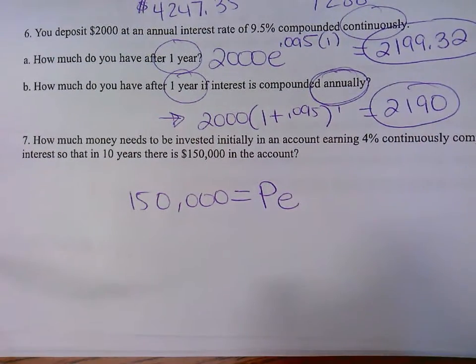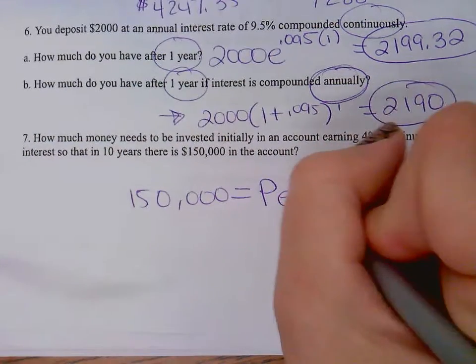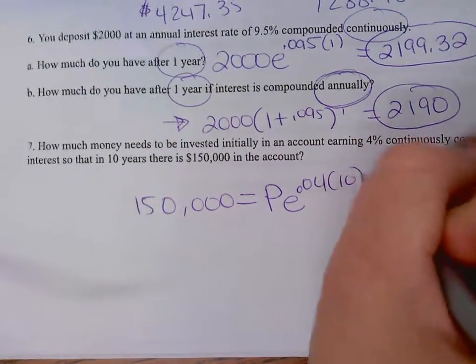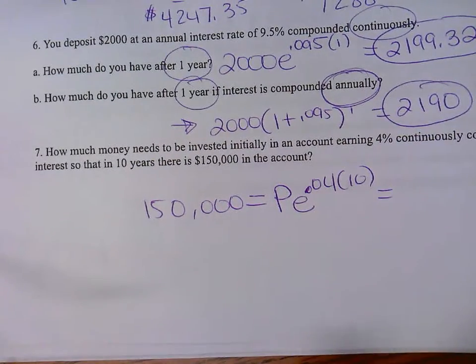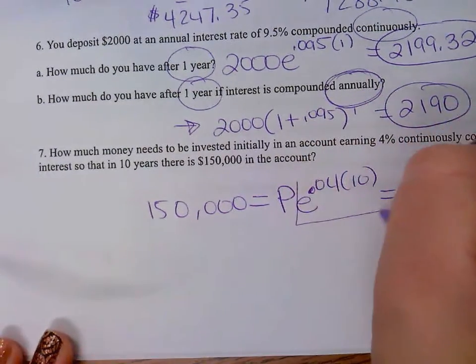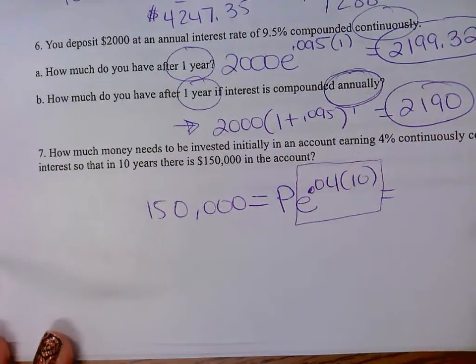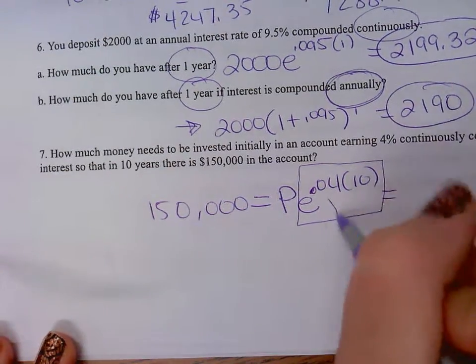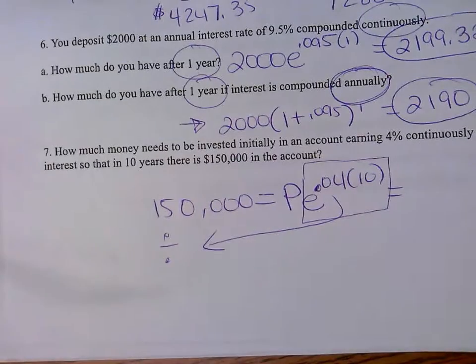Compounding continuously, so my E value gets put there, and it's 4% over 10 years, so 0.04 times 10 is my exponent of that. This, again, is actually just a number, right? So that's a number that you can calculate on your calculator so that you can divide whatever that number is to the other side of the equation and solve for P.